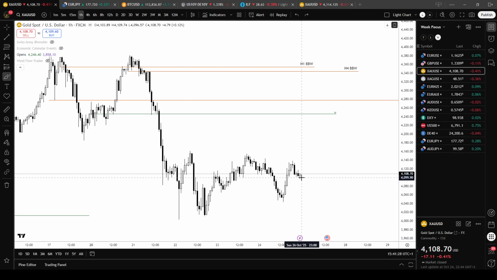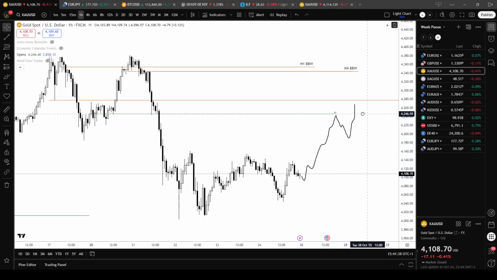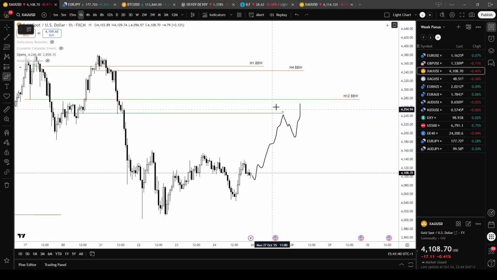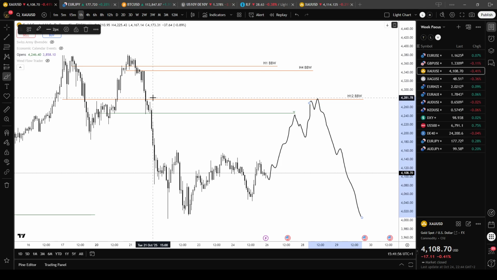Probably, gun to my head, I think next week probably just rallies off the weekly open and rejects from here, but I think that this area is the last line of defense for the bears, and this is a very good opportunity to look for shorts because this area was pivotal.